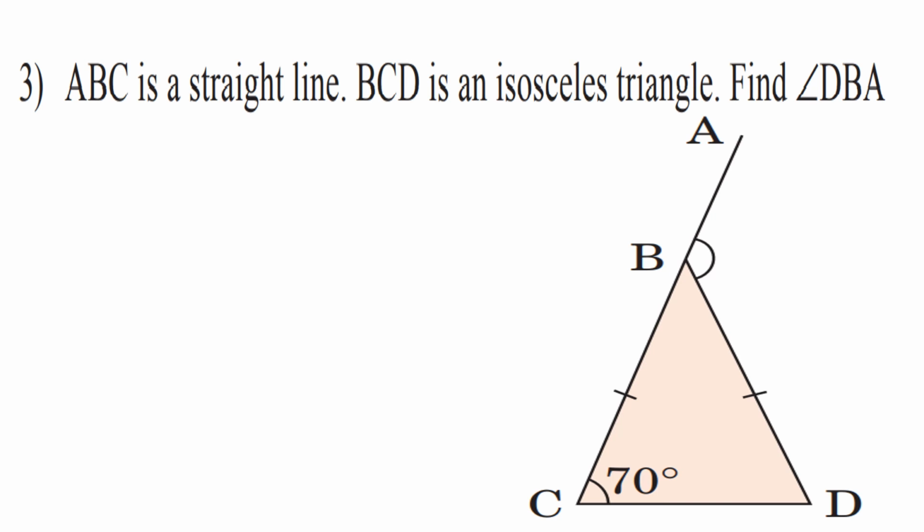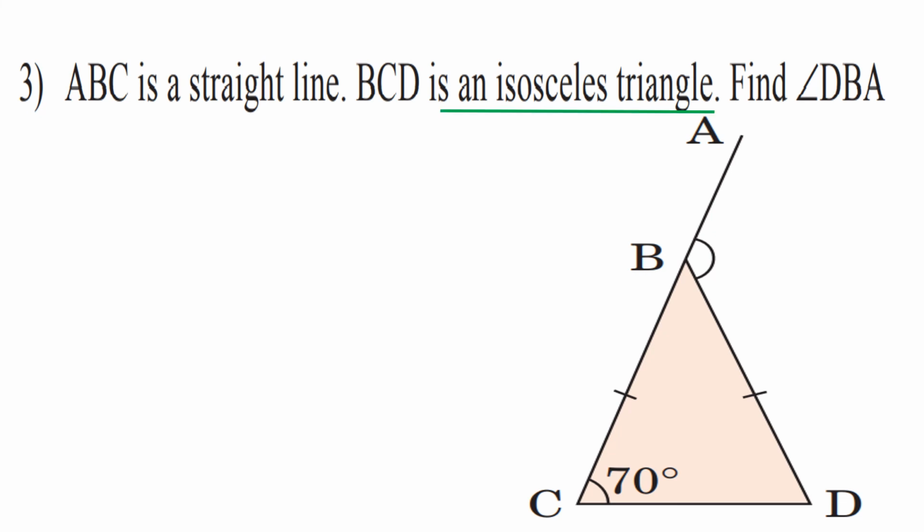Okay, students, this is your last problem, number 3. ABC is a straight line. BCD is an isosceles triangle. Find angle DBA. Where's that?